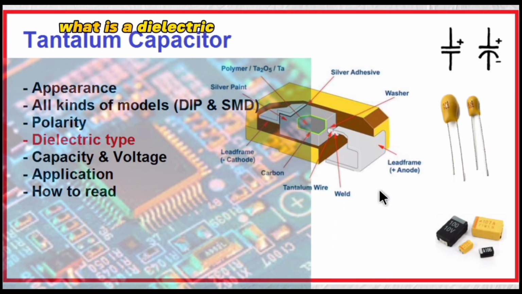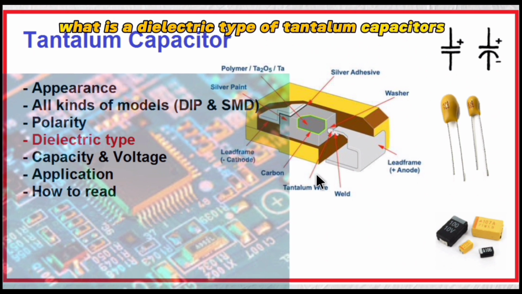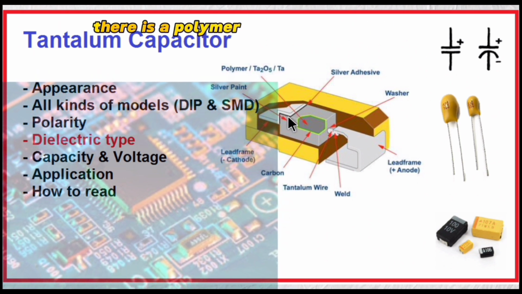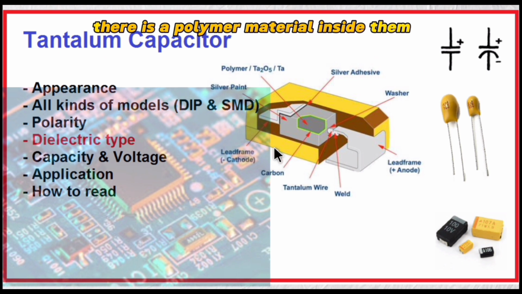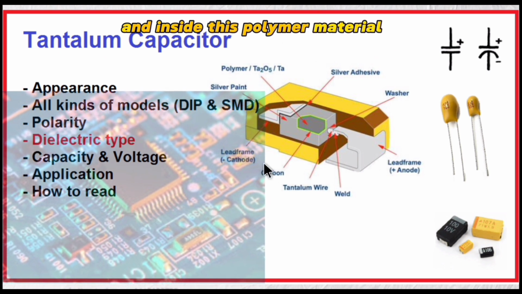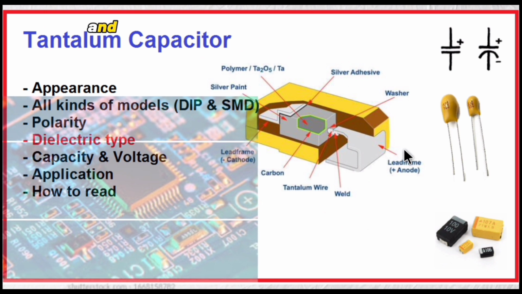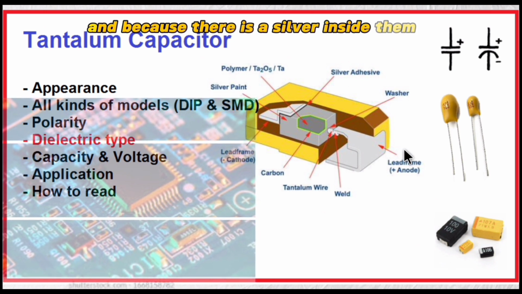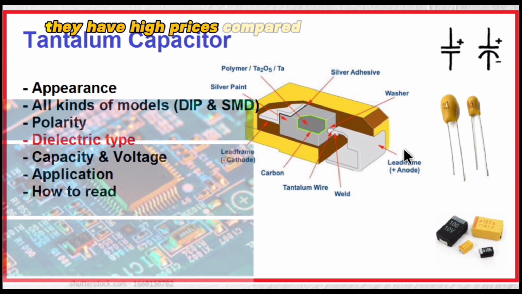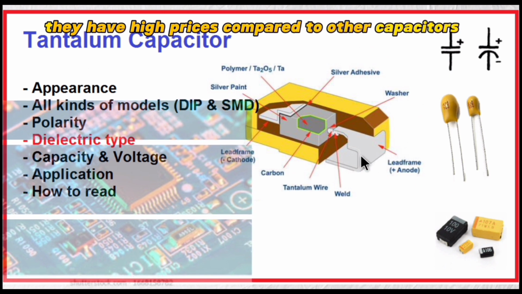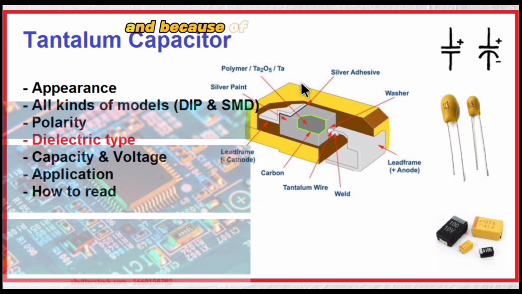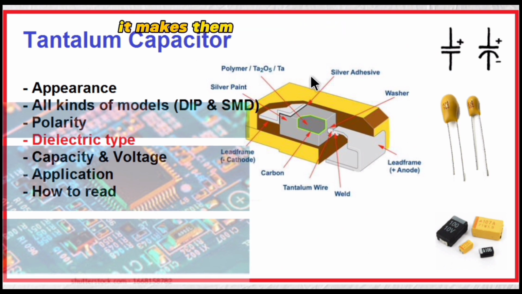What is the dielectric type of tantalum capacitors? There is a polymer material inside them, and inside this polymer material is a non-silver material. And because there is silver inside them, they have high prices compared to other capacitors. And because of these materials, they perform very well.